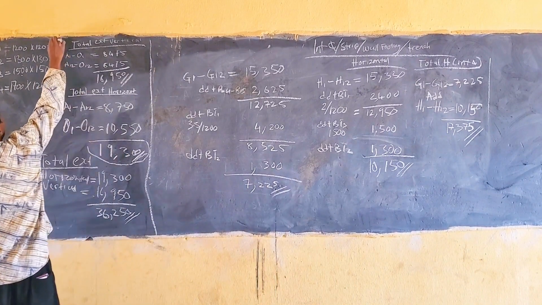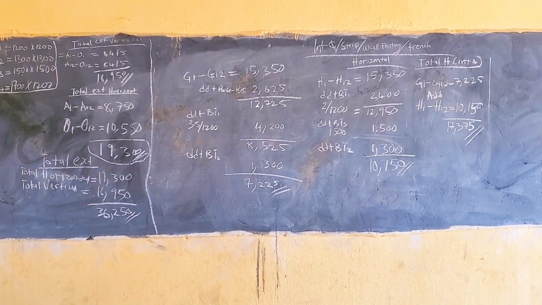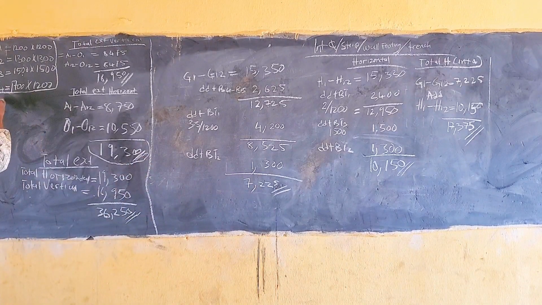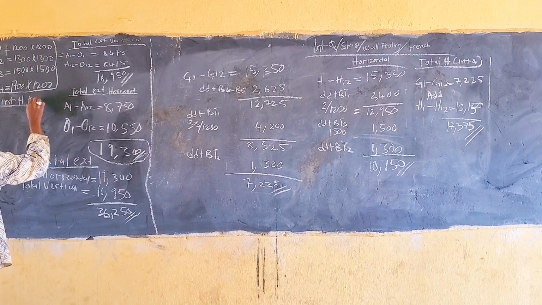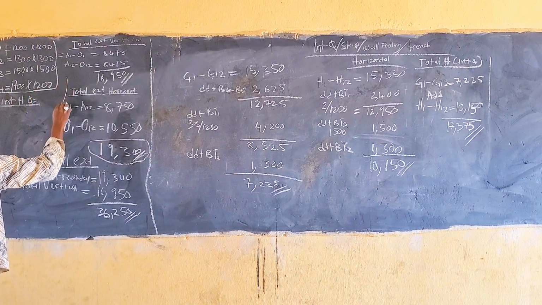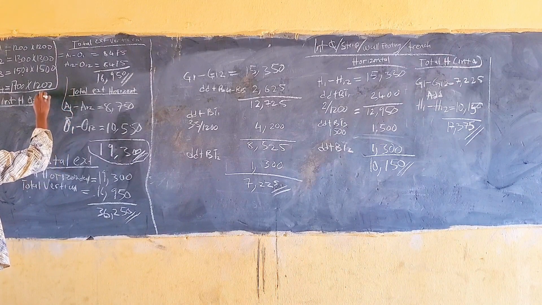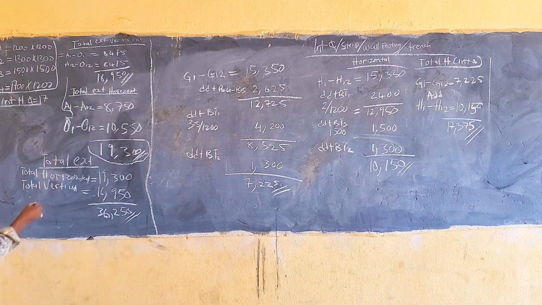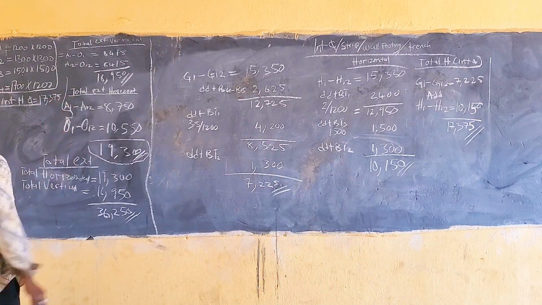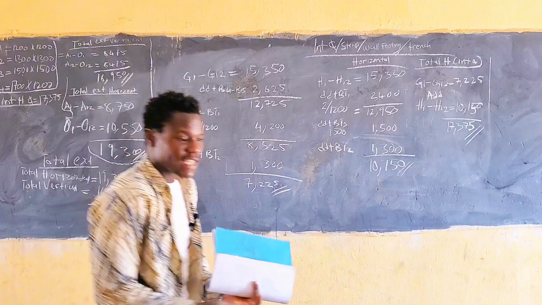So let me box this up. Let's say total H gap is equals to 17,375. So let's go to our internal vertical gaps.